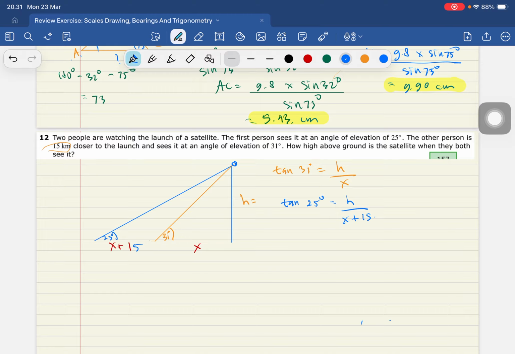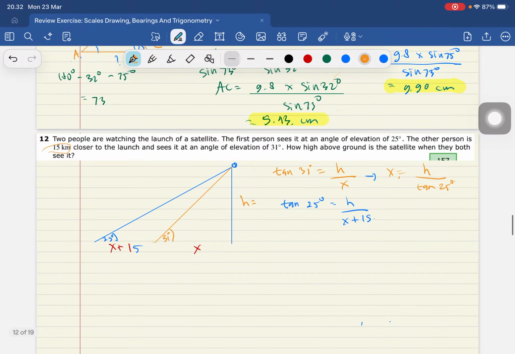Okay, let us rearrange one of them to make x the subject. So x equals the height divided by tan of 31 degrees. We can substitute it into the other equation.